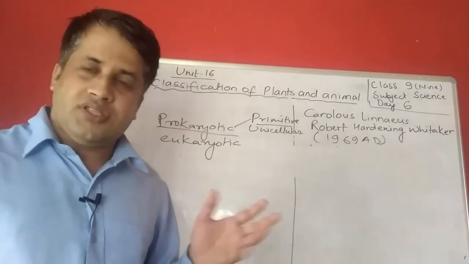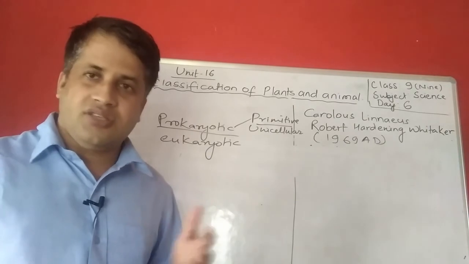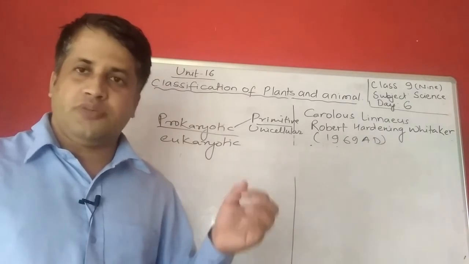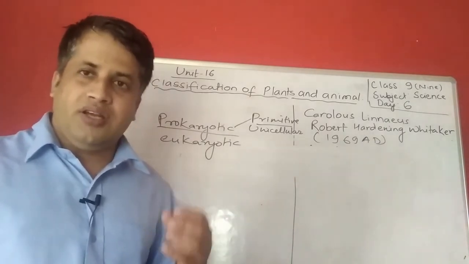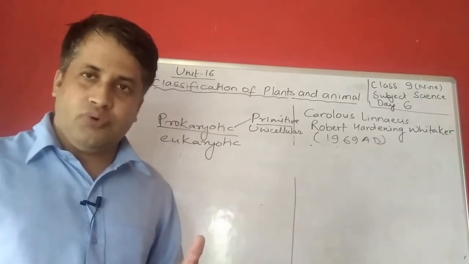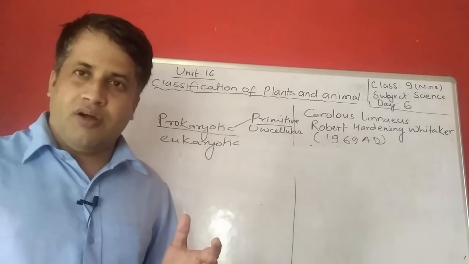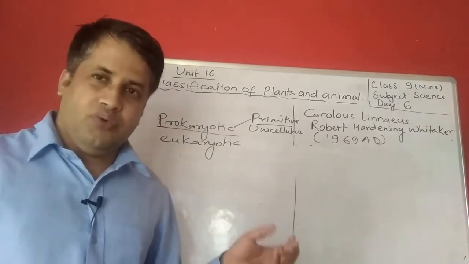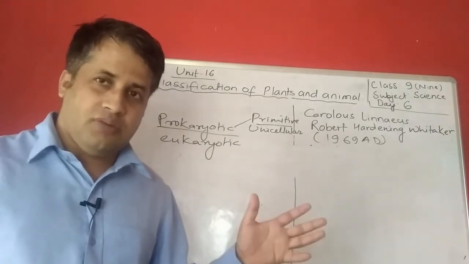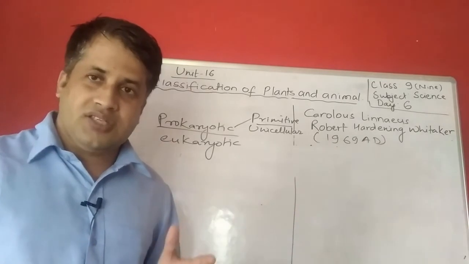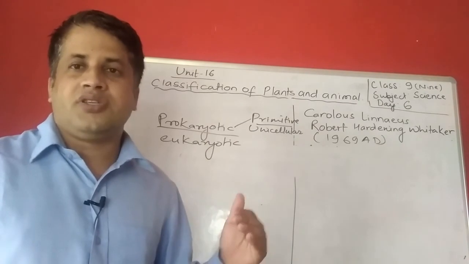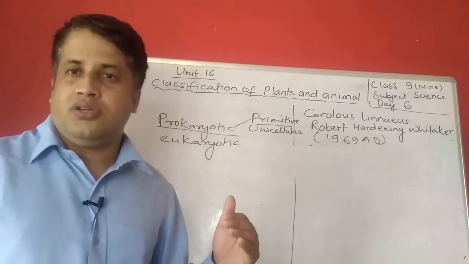Today we have discussed what is classification, what is taxonomy, what is nomenclature, what is the binomial system of nomenclature, and while writing the binomial system of nomenclature, what things we have to keep in mind. After that we discussed the classification system of Carolus Linnaeus, who classified on the basis of plant and animal kingdoms, whereas in our course we will study the five kingdom system, and on what basis it is studied.